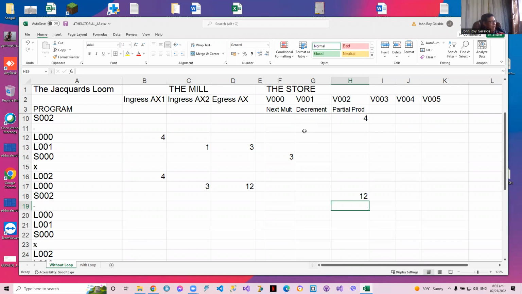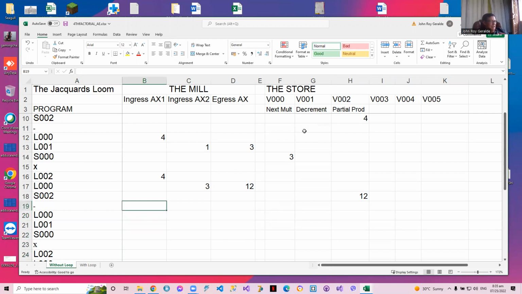High-level languages hide the details of the hardware itself. But during those times, you had to understand the hardware before you could write the program.